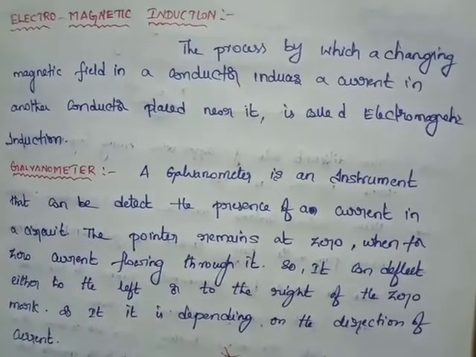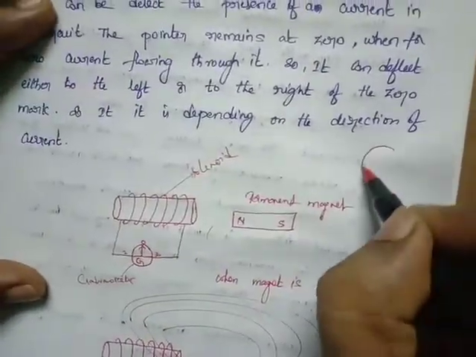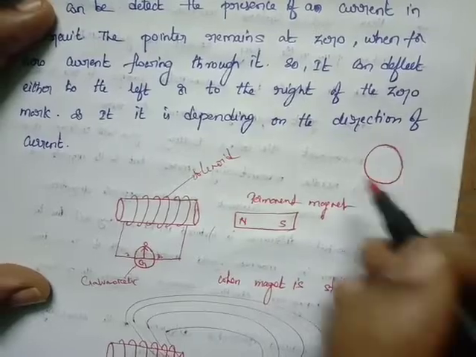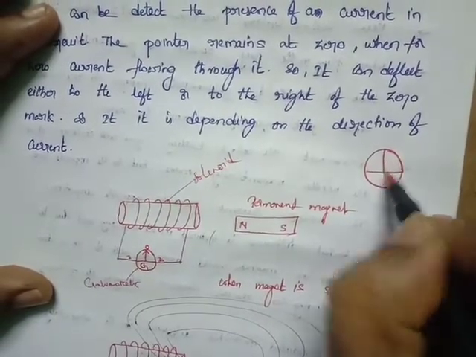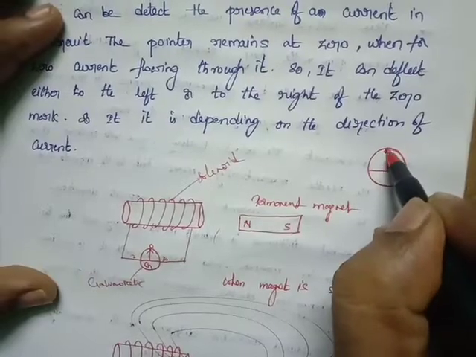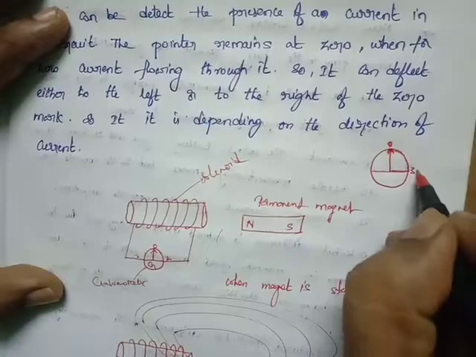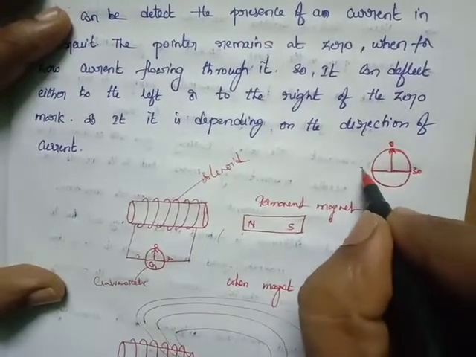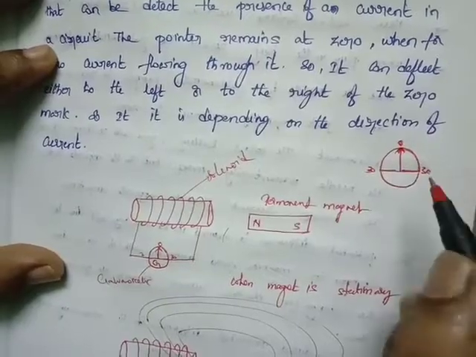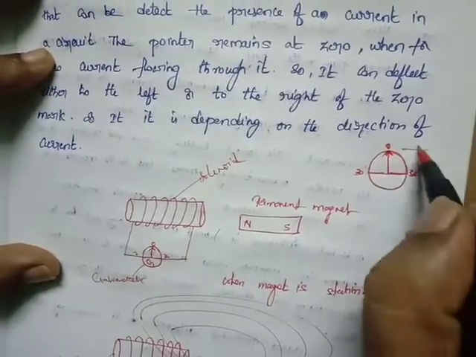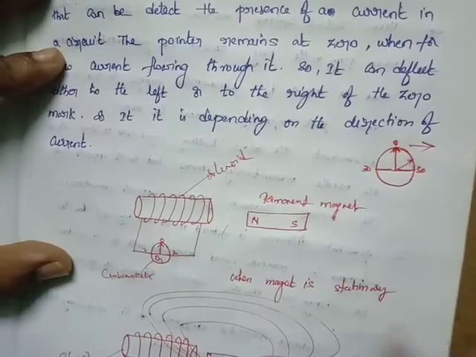The galvanometer looks like this, I will draw it. The center indication is 0, and this is 30 and 30. That means the indication is either on the left side or right side. If current flows this way, the indicator shows like this.